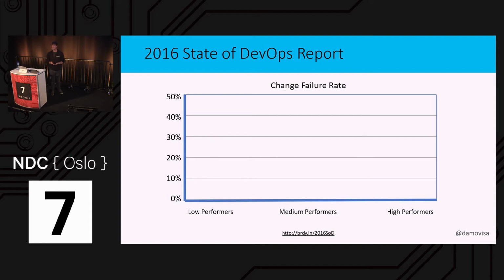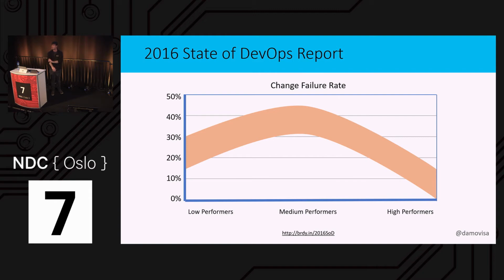What they actually found in the 2016 State of DevOps report was that as you move from a low performer to a high performer, the medium performers actually have more change failures. So changes they introduce fail more often than high performers and even low performers, which basically means as you're starting to do DevOps better, it's going to get worse before it gets better. So you need to expect to fail.